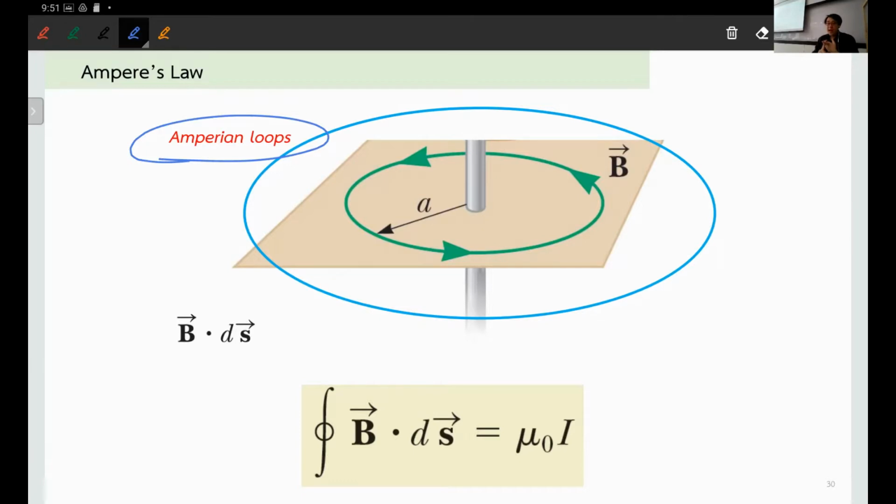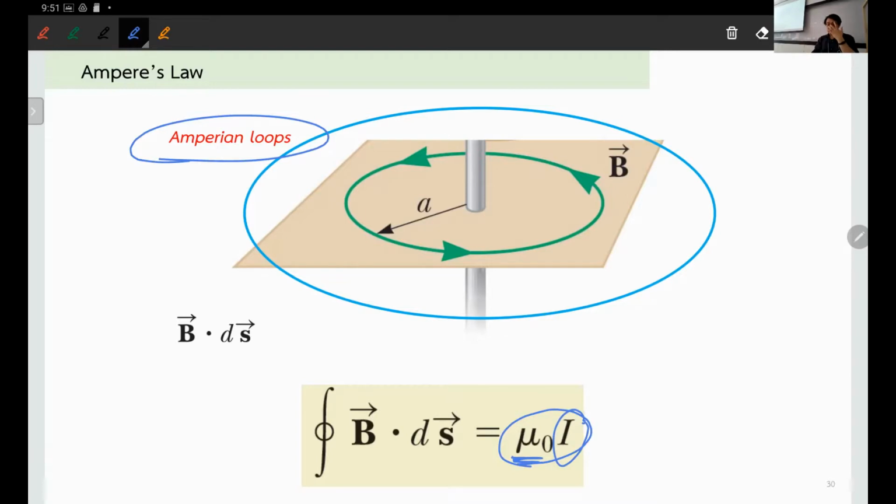And Ampere says whenever you calculate that along the loop, at the end you will get your calculation equal to the amount of current going through your loop multiplied by some constant. That's it. This is Ampere's law.